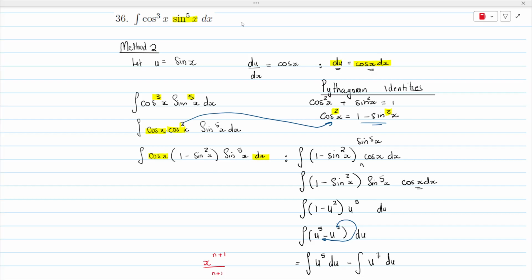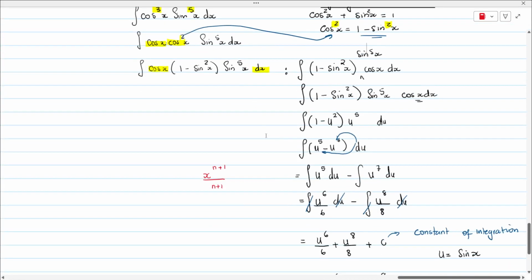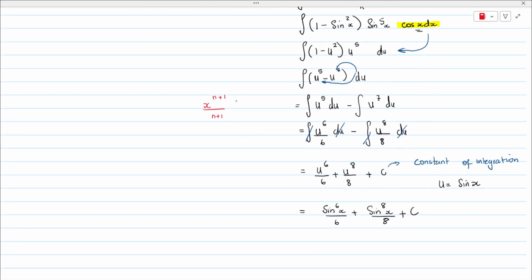Then I continue, and I want to express everything in terms of u. So I rearrange my formula to say cos x dx, but I've already identified that cos x dx is the same as du. So instead of cos x dx, I put du here. After that, it was easier for me to apply the power rule for integration, which is this one, and then I integrated it.